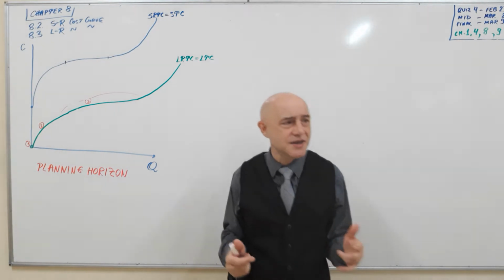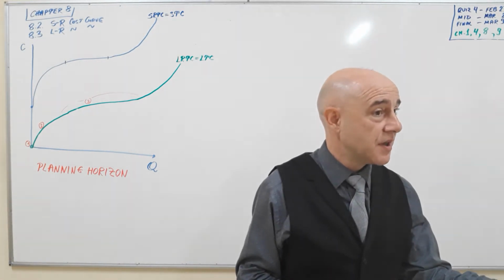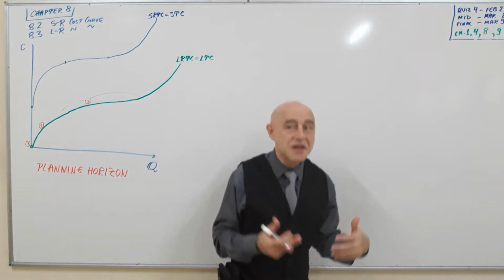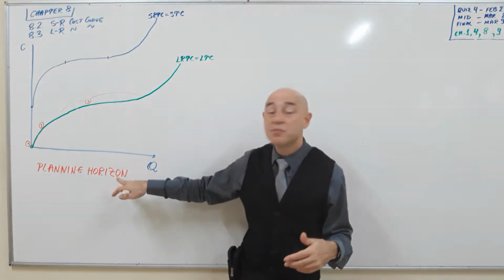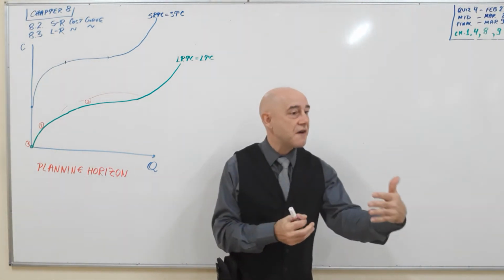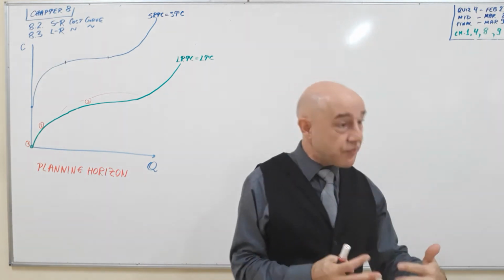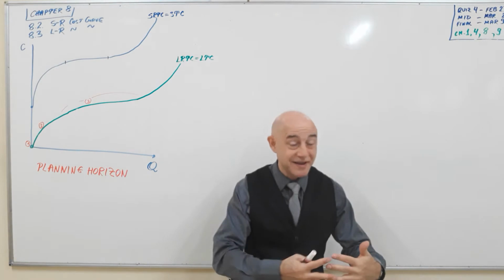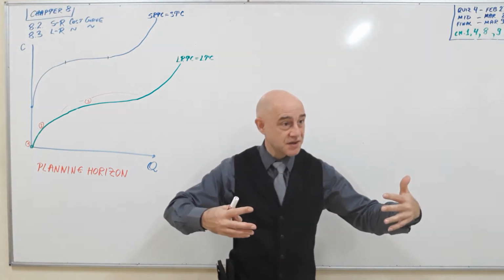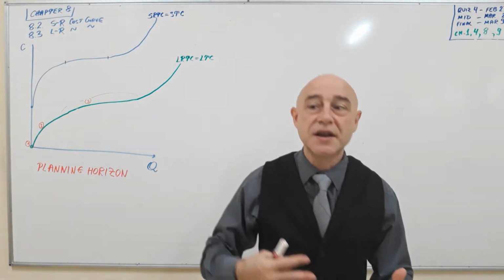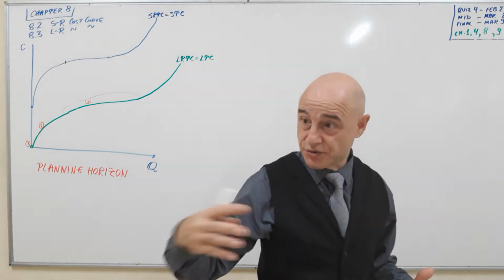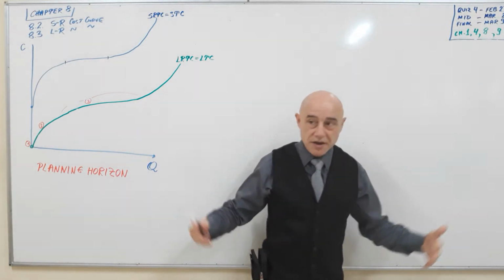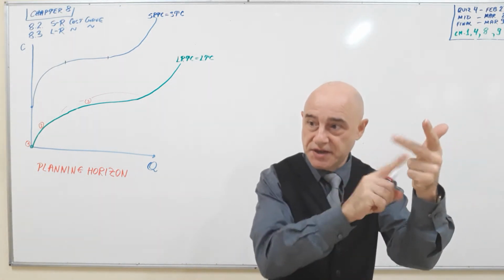So planning horizon, for example, this university, as it is now, needs to have a planning horizon, maybe 3-5 years, to say, if we will grow more than 20 or 30% the number of students, we will need extra classrooms, and we will need extra parking, and we'll need extra this, and this.